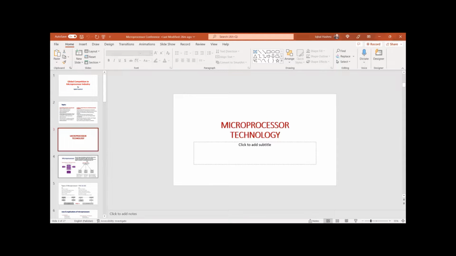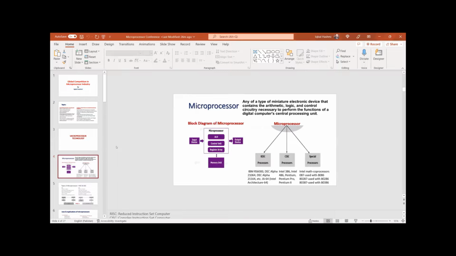If we see what microprocessor technology is, this is a block diagram of a microprocessor, which is based on an arithmetic logic unit, control unit, and register array, in alphabetical forms A, B, C, D, E, F. It takes instructions from an input device, performs them through the arithmetic logic unit, and gives you output.